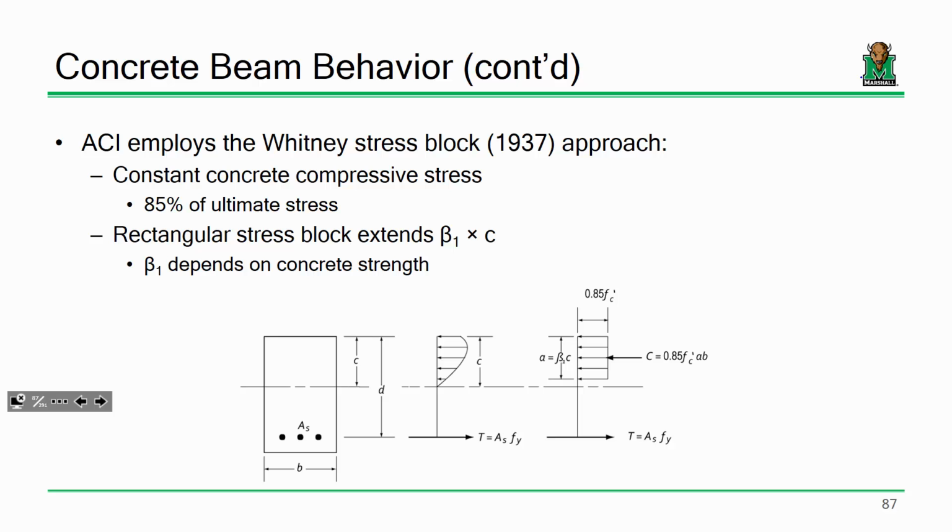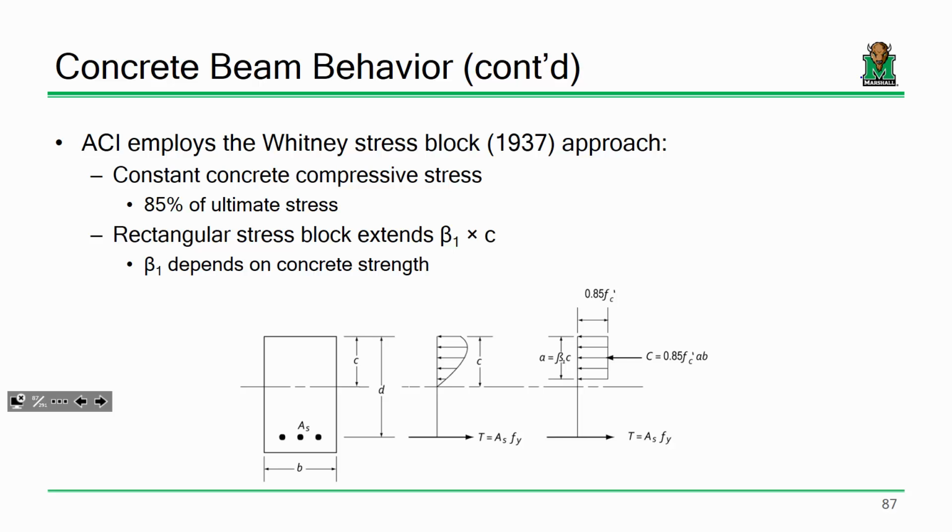So here's how we go about this. In reality, at the maximum moment, the stresses in the concrete look like this. Nonlinear, confusing, we really don't like dealing with that. We are going to simplify this with the following stress block.